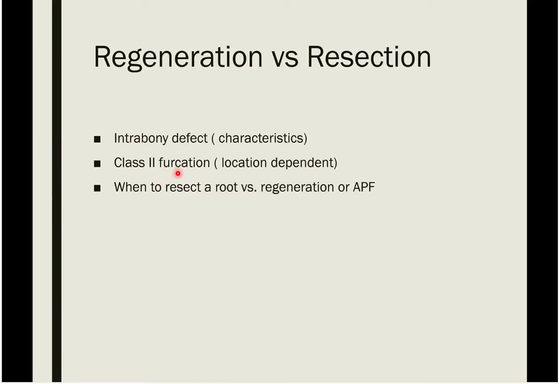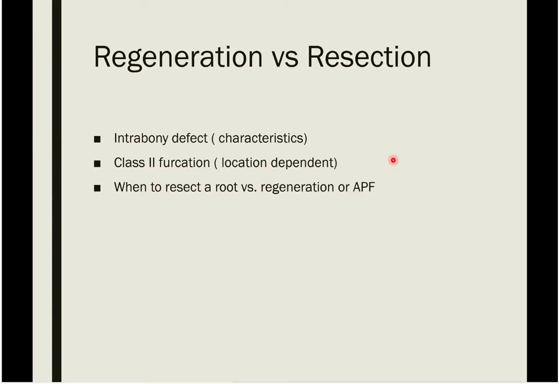Once we get a class 2, we may want to correct the class 2 furcation with regeneration, but our ability to do so could be limited, meaning proximal mesial distal maxillary furcations have a reduced outcome for regeneration.